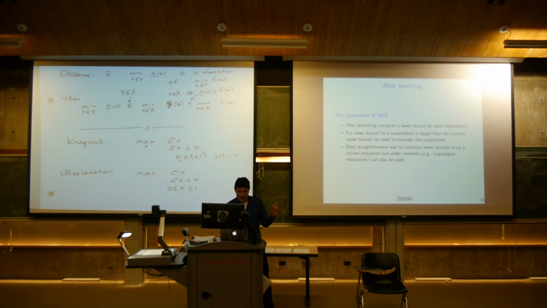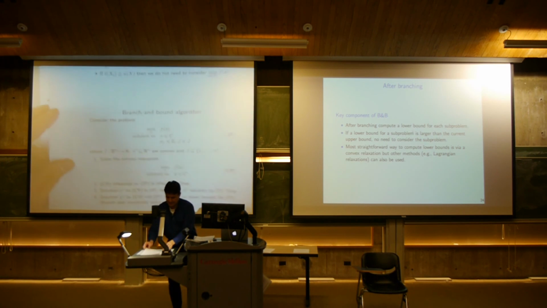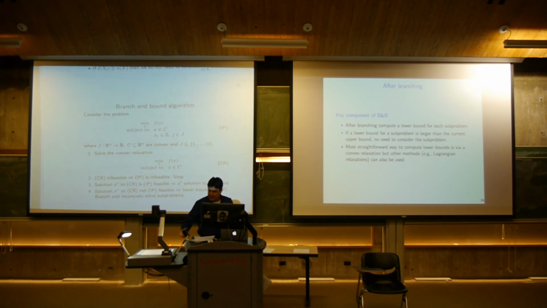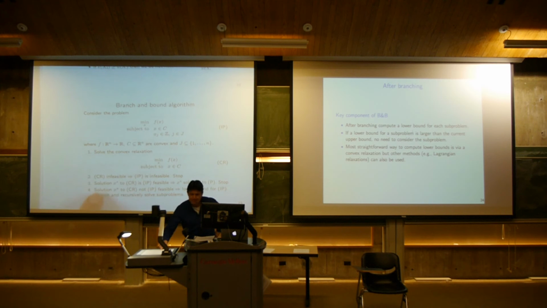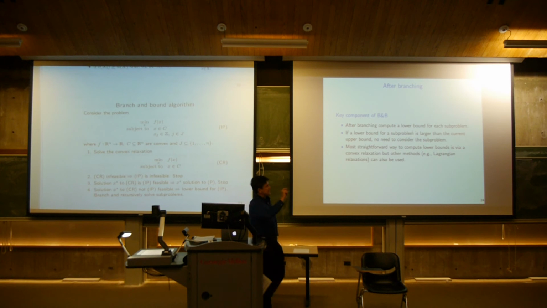And let me maybe highlight this point. This is, again, a key component of branch and bound. So this is the idea of branch and bound. It's essentially a recursive enumeration algorithm. When we branch, we will solve the subproblems, but we solve them cleverly. We don't just solve them by brute force.